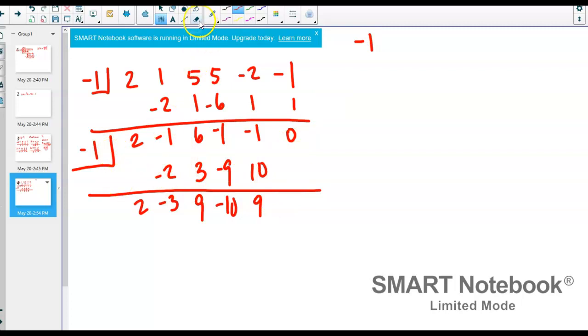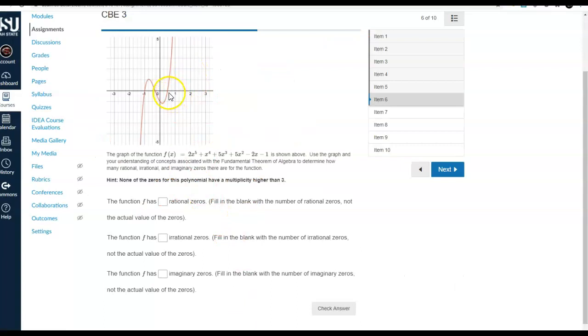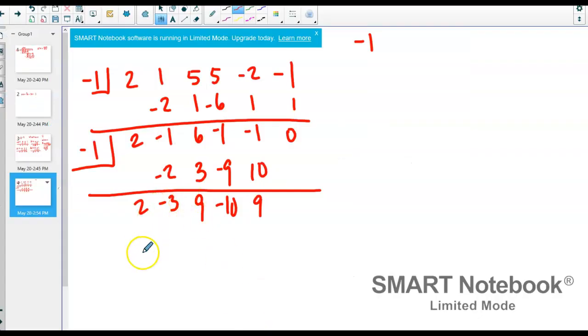Here's the route I would probably go, because if I go back and look at this graph here, it does look like it crosses at 1/2 as well. So I would go check and see what that one gives me at 1/2, because that sure looks like it should. We should have 5 zeros here. And so we would go and try that one as well.